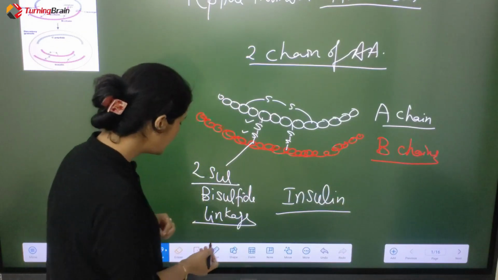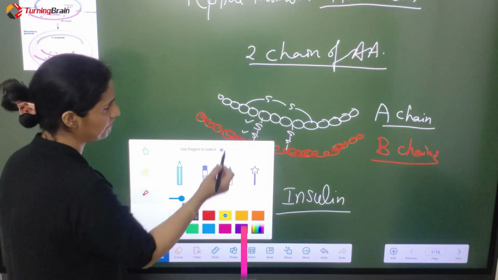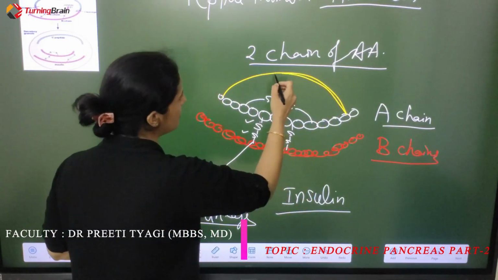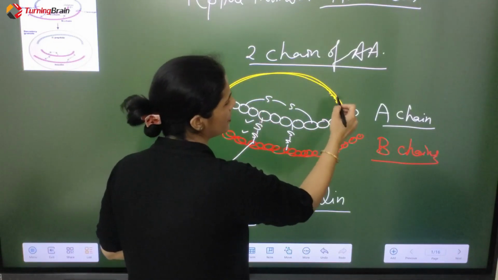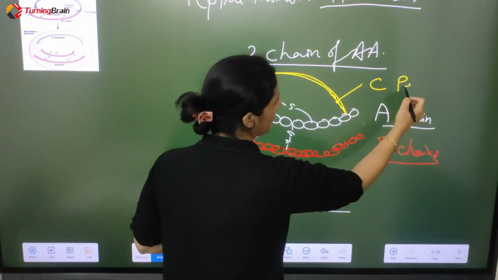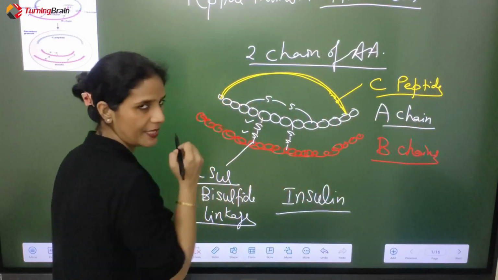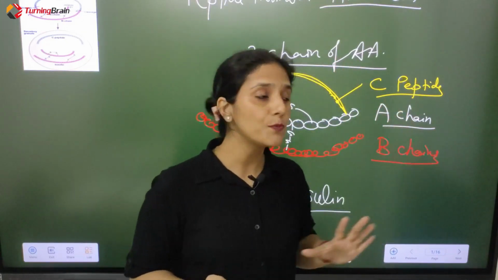Okay. Another important thing is a segment, a string of other amino acids, which is known as C-peptide. I am just making a diagram. You can make it in a rounded structure as well. It's a C-peptide. So C-peptide is attached with this A chain and then it makes another molecule which is known as proinsulin.